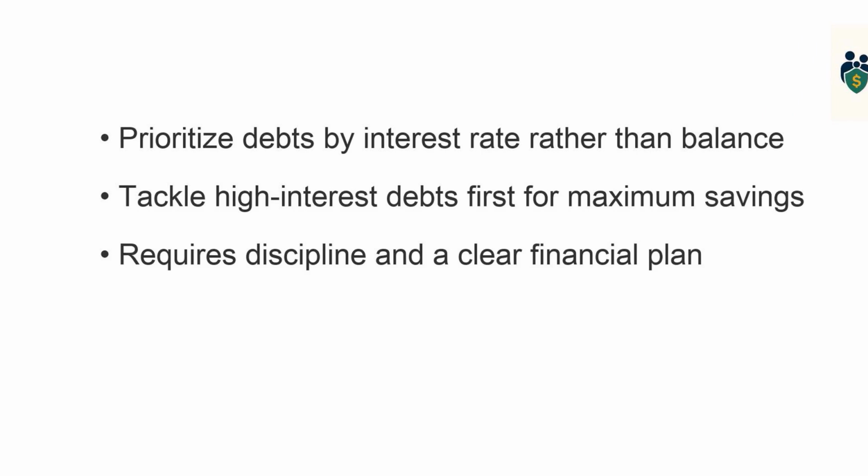This approach can help save money in interest over time by addressing higher interest debts first. It requires discipline and a clear financial plan, but may be more efficient for those with high interest debts. Nevertheless, it can also be overwhelming to tackle multiple high interest debts at once.